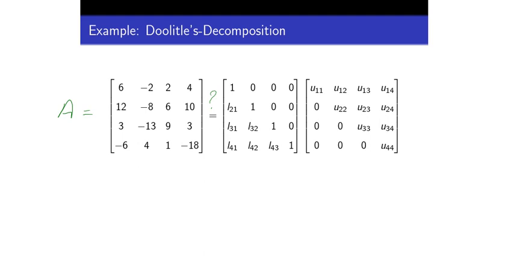So what I need to first verify is that the AK are non-zero, meaning all leading principal minors are non-singular. If I calculate, A1 is 6, which is non-zero.